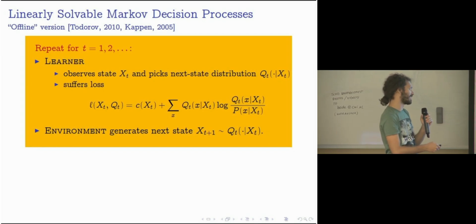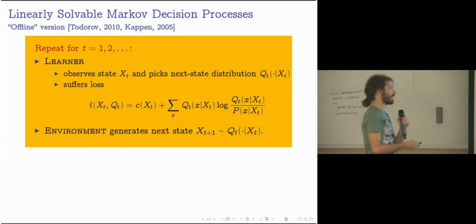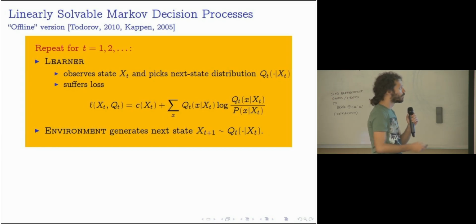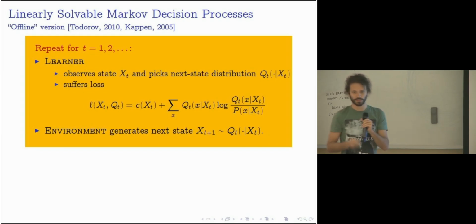One of these is the state cost: how much does it cost for me to be in state x_t? And for exercising extreme controls, the learner has to pay the relative entropy between the proposed distribution and the passive dynamics. So this is a smooth control cost that the learner has to pay for changing the control. And then the environment is actually going to generate the next state from the chosen distribution.